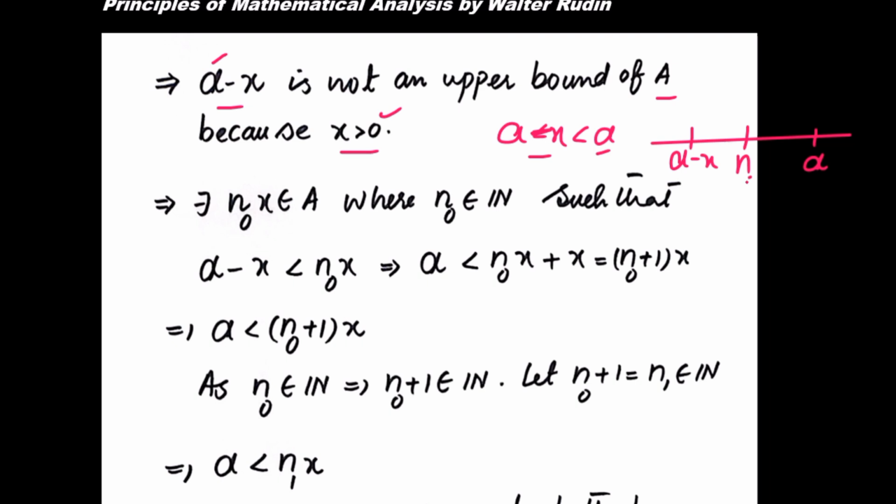Suppose this is n naught x. So there exists n naught x belonging to A, where n naught is a natural number, such that alpha minus x is less than n naught x.